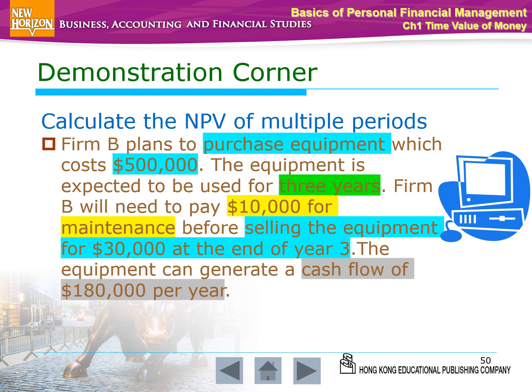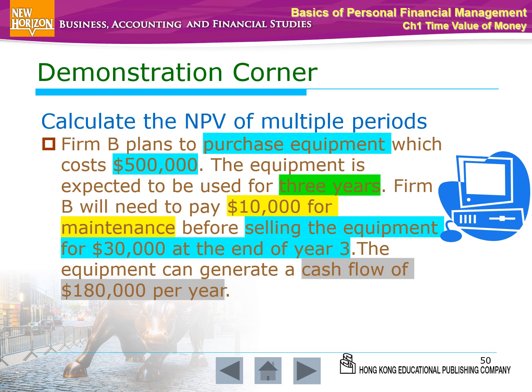But remember, this amount, $30,000 at the end of year 3, is not the same as $30,000 at present. So you have to discount this amount to the present value.